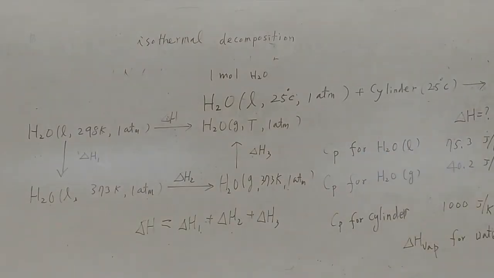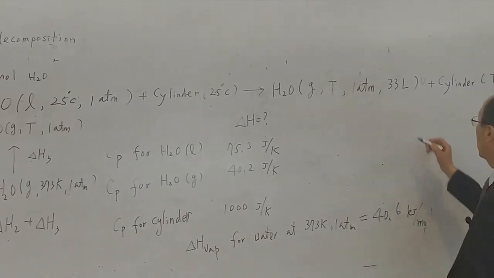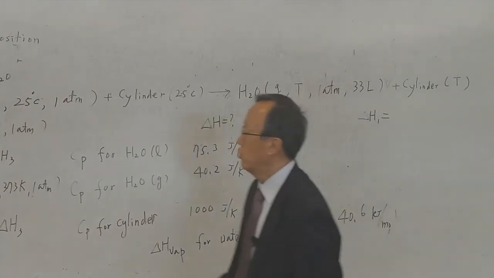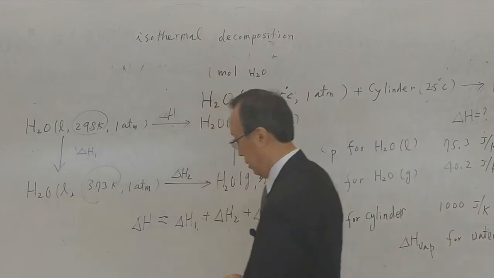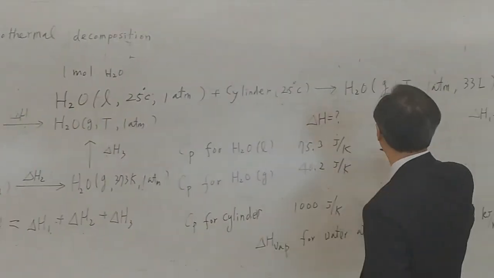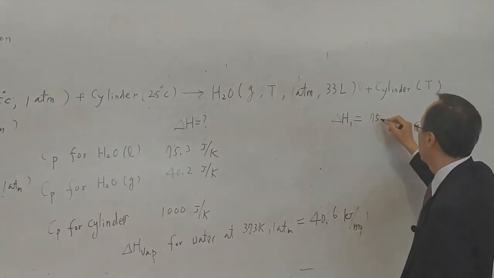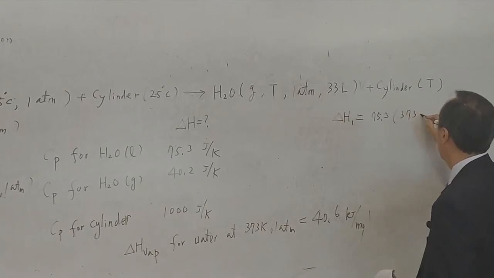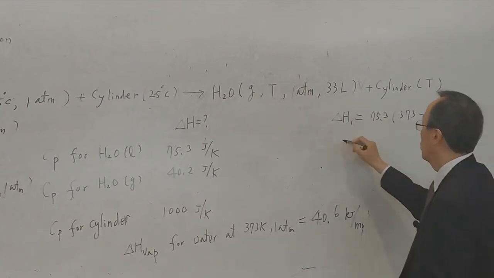How can you calculate delta H1? For delta H1, we just increase the temperature from 298 to 373 K, right? So delta H1 equals Cp 75.3 times 373 minus 298.